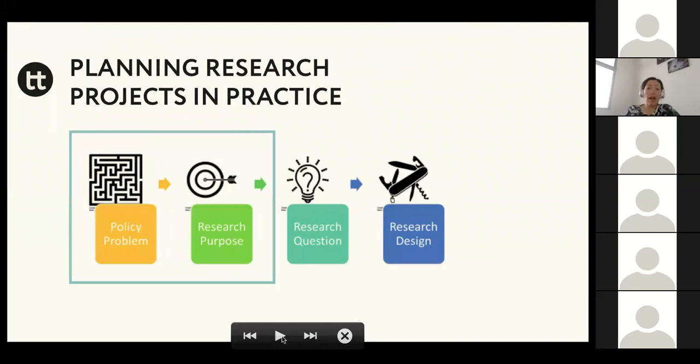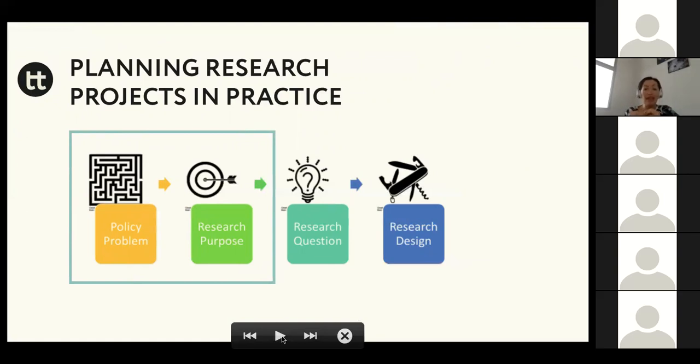So we like to share these steps when we're talking about how to plan research projects in practice and how to have this perspective of policy relevance from the very beginning. We suggest that we start by understanding what the policy problem is that we're working with. So have a clear idea of our policy problem.